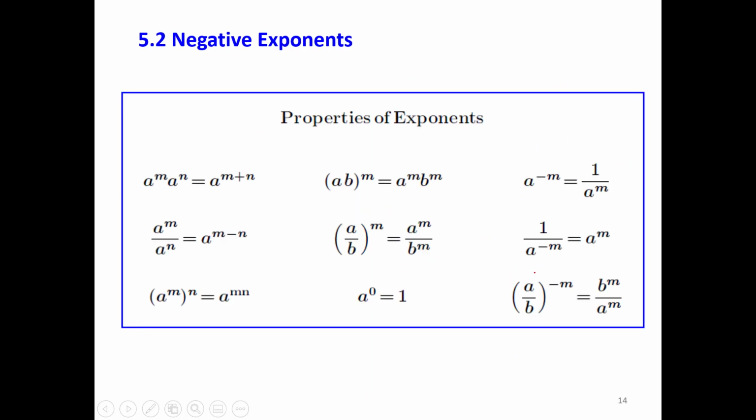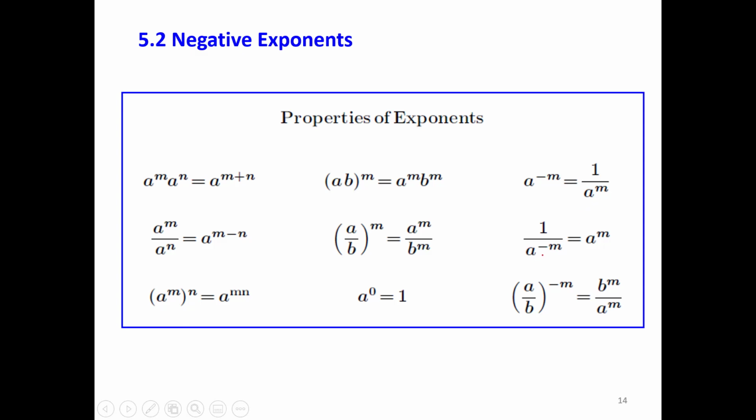Then in this slide, we summarize all the properties we studied. In this, we include the zero property. Any number, any expression raised to the 0 power always equals 1. If we have a negative power on top, to get positive, just move to the bottom.